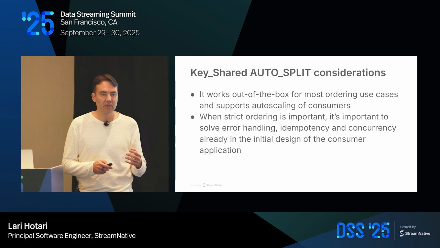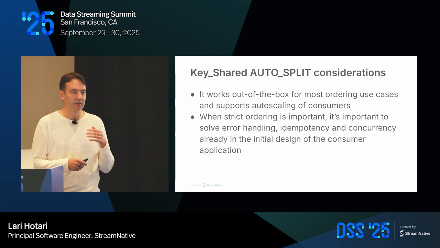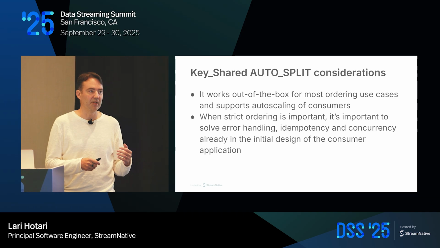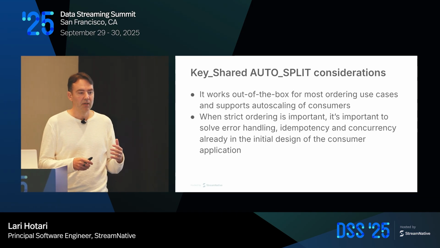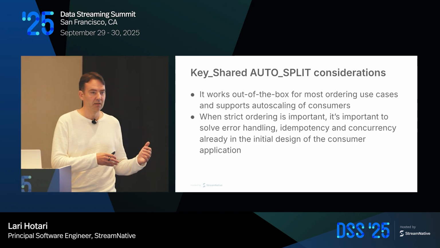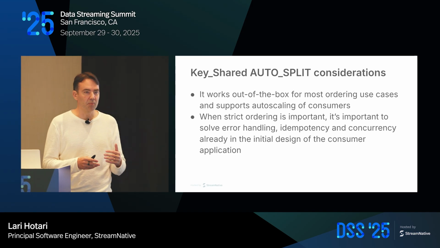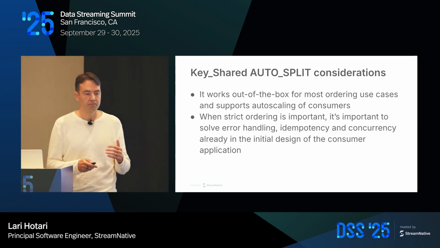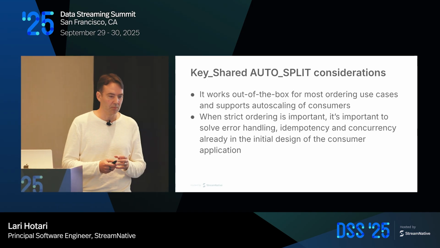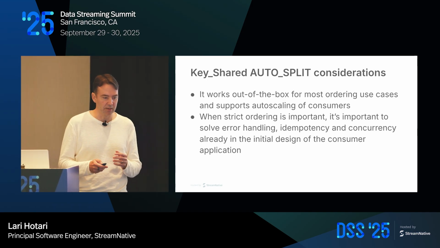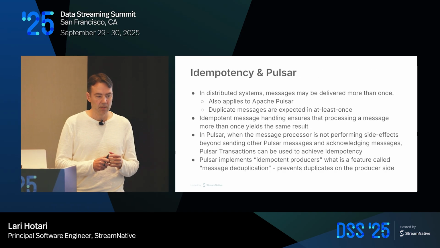And in some cases, it might be easier to solve these challenges by using, for example, the sticky consumer or using topic partitions. I'll possibly explain a little bit later or in discussions.